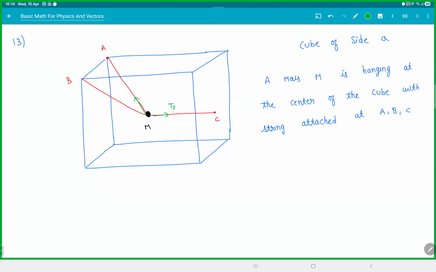These two strings are identical, so let it be T1 and T1. And the weight of this ball is mg. So these are the 4 forces. Find T1, T2 in equilibrium.